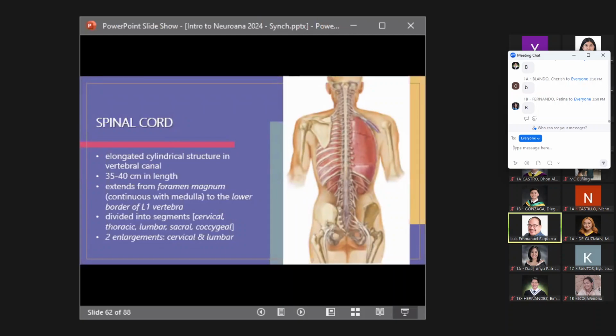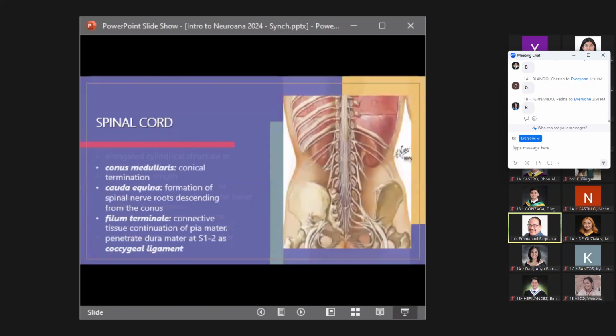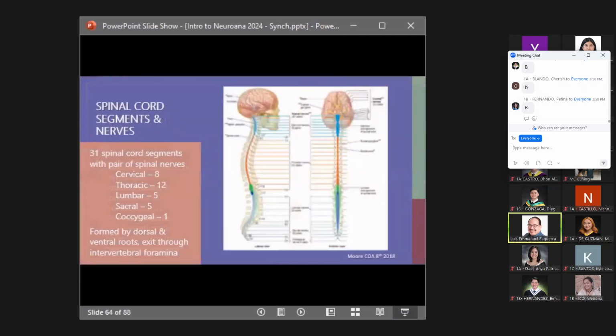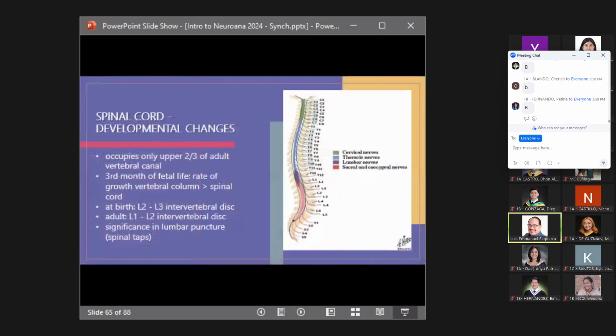Okay. So just remember, it's in the video, the spinal cord. Remember the structures. I'll just go to the one particular part that you have to remember. The developmental changes, you'll get that again in the lecture on development.